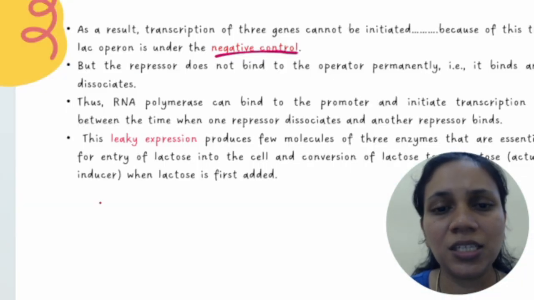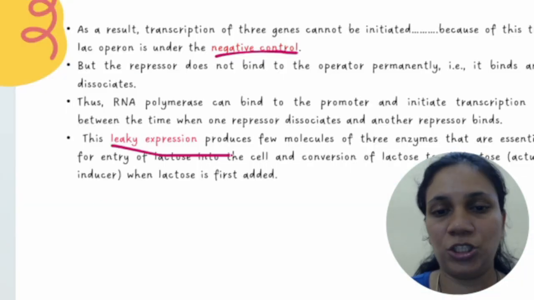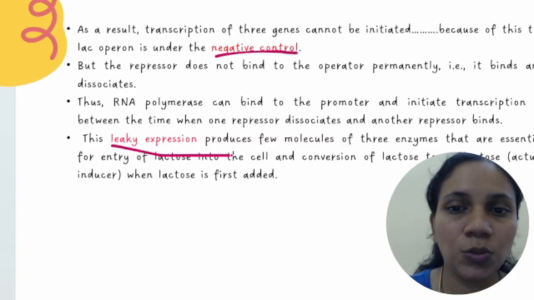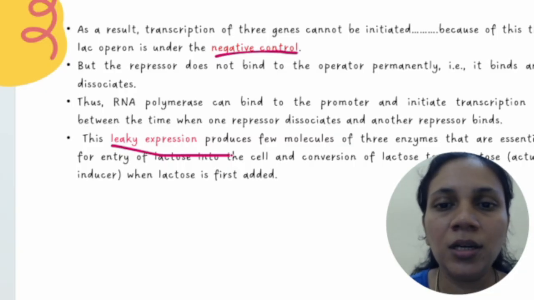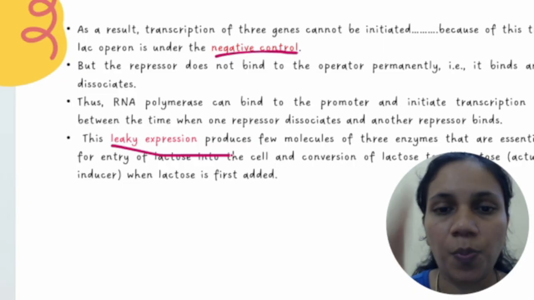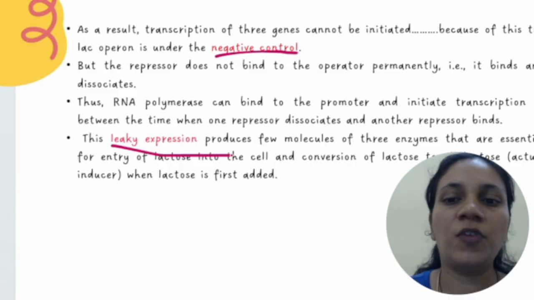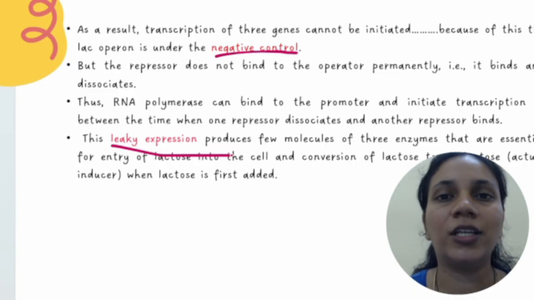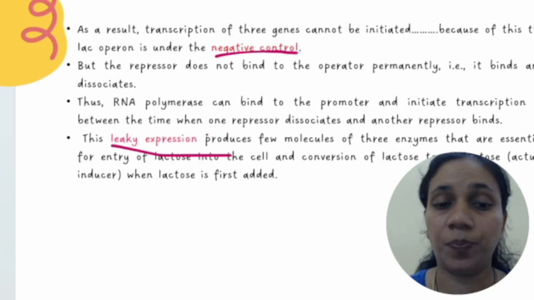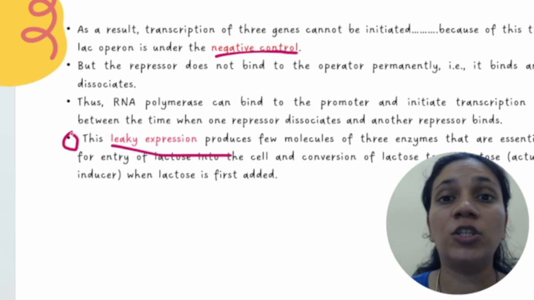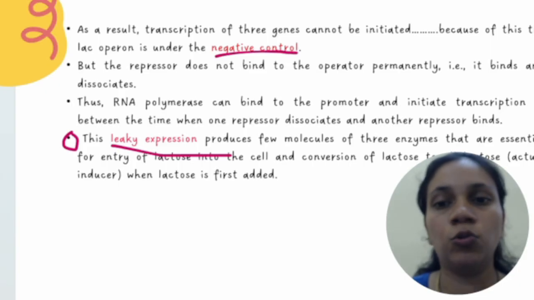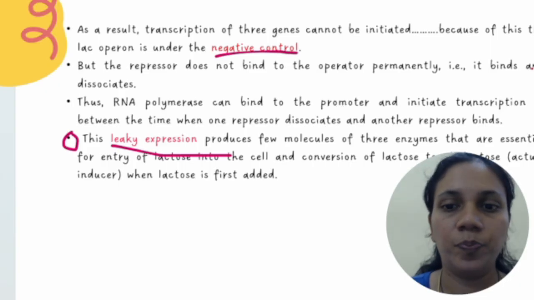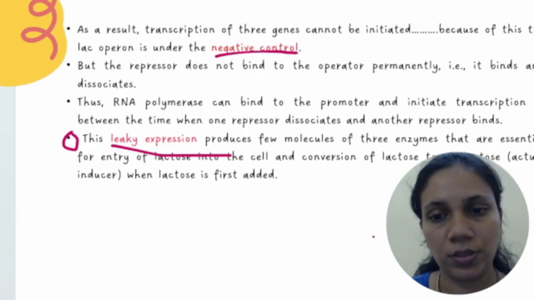So this makes it a leaky expression. That means its expression is for a short time: the moment the repressor is bound, the process of transcription will stop. That's why it is called leaky expression. This is yet another point to be noted down for all the NEET aspirants and those interested in competitive exams.